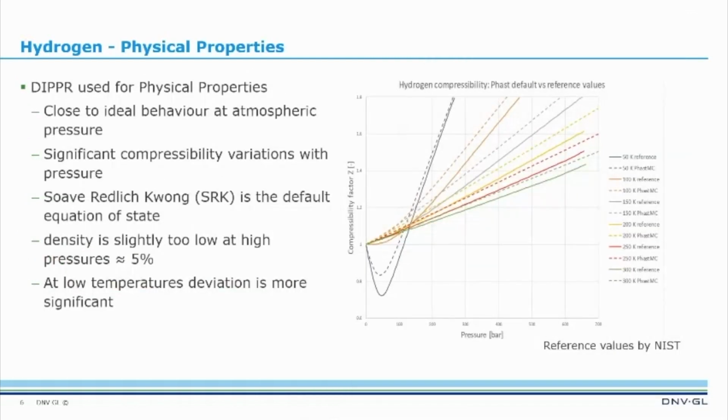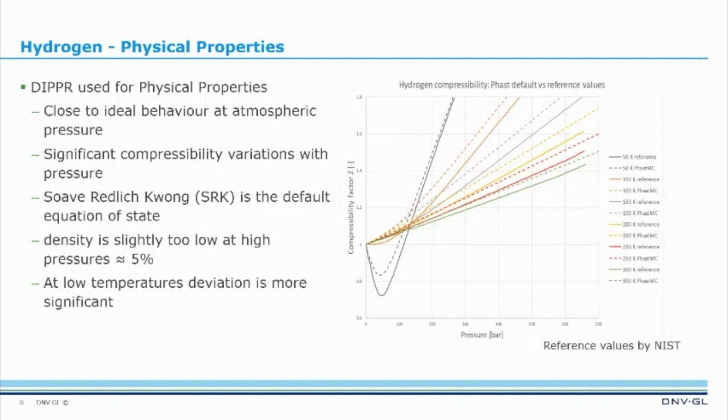So starting at the beginning, looking at the physical properties of hydrogen. As I mentioned, we use DIPPER for the basic information about the physical properties of hydrogen. And then we use different equations of state, where Soave-Redlich-Kwong is the default equation of state. And the question is, how good a job does that do for hydrogen?